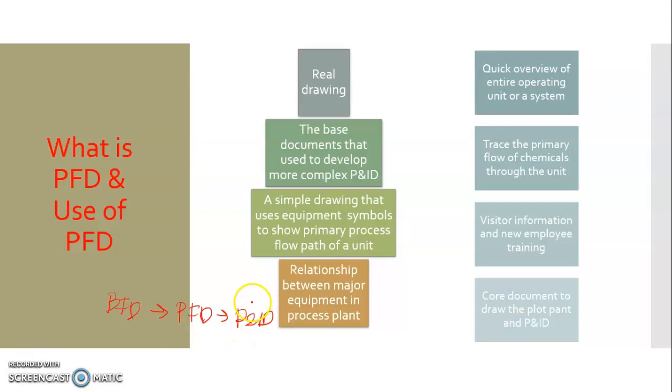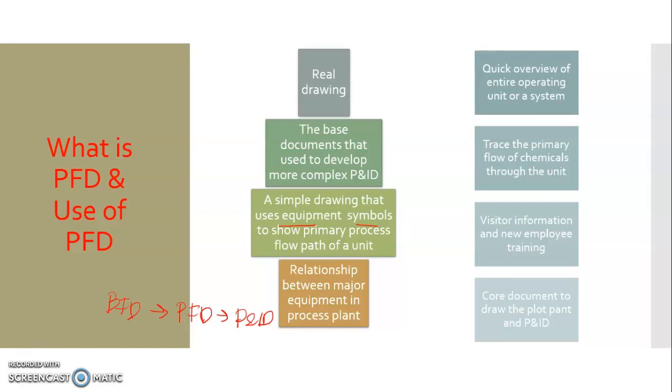Okay, and PFD is a simple drawing that uses equipment symbols to show the primary process flow path of a unit. In PFD you can see the relationship between major equipment in the process plant. Then we see the use of PFD. PFD can be used as a quick overview of an entire operating unit or system.